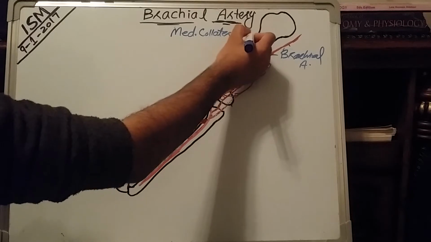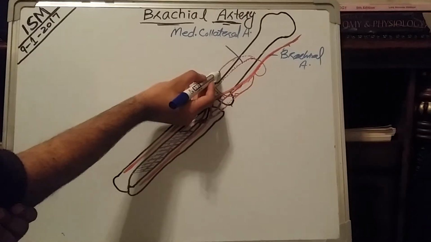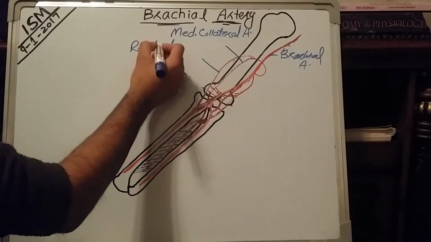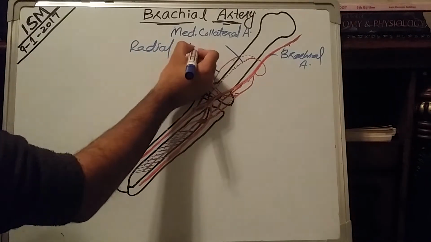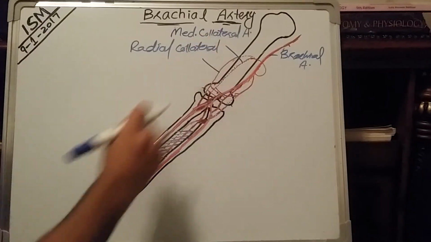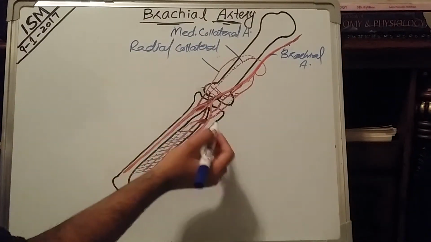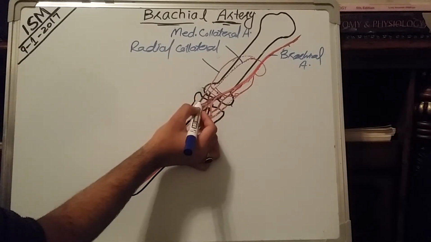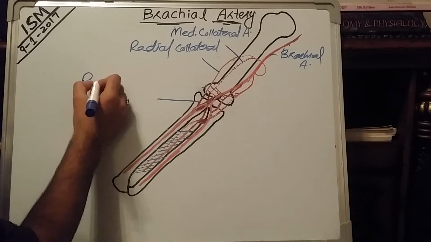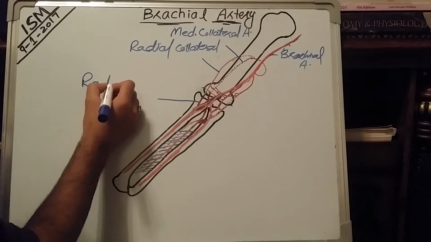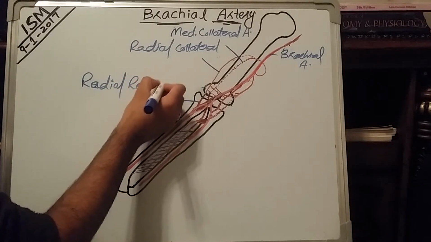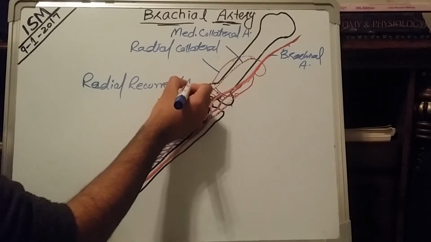This one is the radial collateral artery. And this one is the radial recurrent artery.